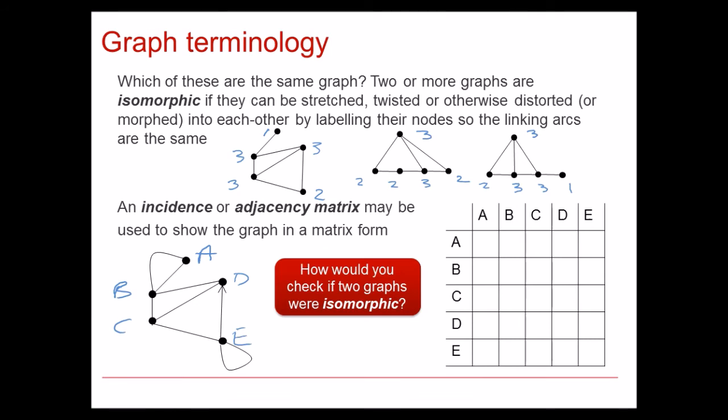A does not have any loops, nor does B, C or D. E does have a loop, and it's given a 2. A connects to B with 2 arcs, but not directly to C, D, or E.